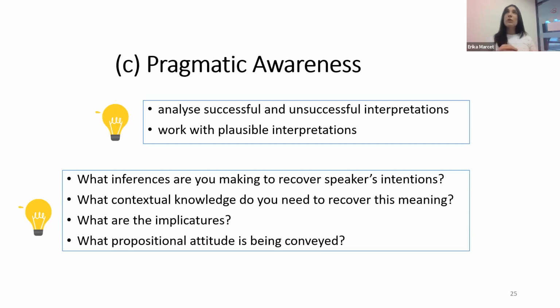Here we could show a communicative act and prompt learners to work with plausible interpretations by asking them, for example, what do you interpret here with this particular act in this particular context? And here I have put some useful questions that you might want to use when discussing pragmatic awareness, such as what are the implicatures, what are the propositional attitudes being conveyed, and so on.